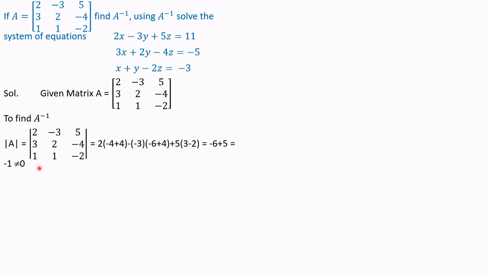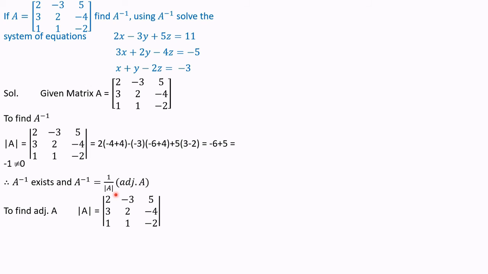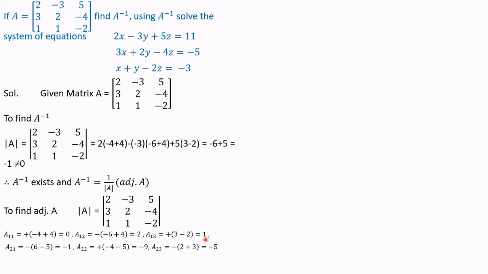Then we have to find A inverse, and the determinant is equal to minus 1. That is not 0. Hence, it is non-singular and A inverse exists. A inverse is given by adjoint A divided by determinant A. To find adjoint A, we have to calculate each cofactor. A11 is 0, A12 is 2, and A13 is 1.